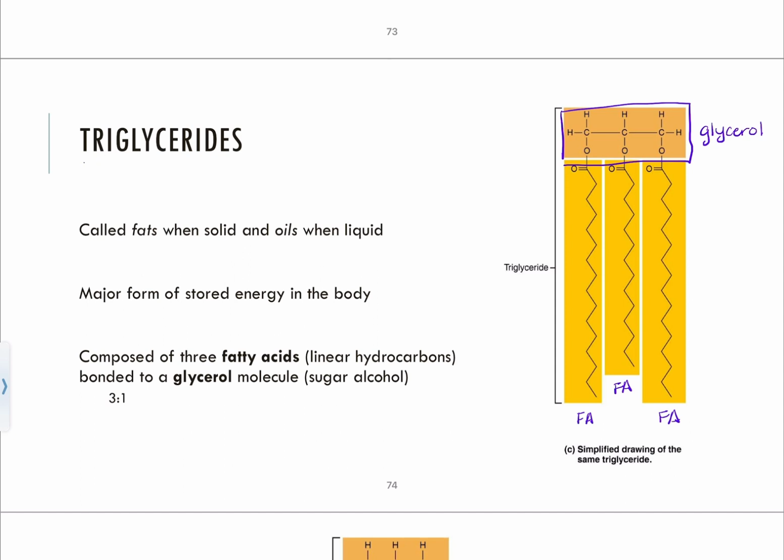That's why it's called a triglyceride: 3 fatty acids attached to a glycerol. Typically we call triglycerides fats when they're solids, and oils when they're liquids. Again, they're the major form of stored energy in the body. When we oxidize triglycerides, they can provide huge amounts of energy.